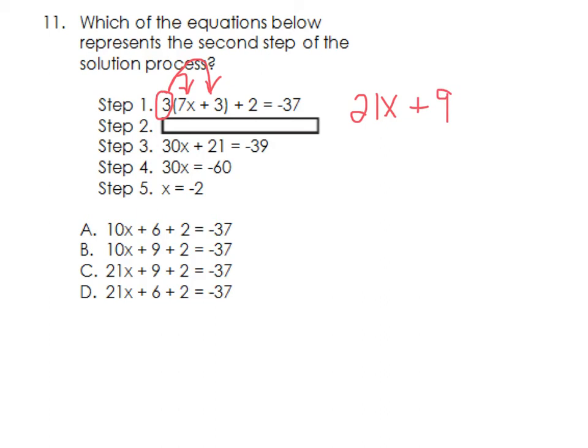And then we still have plus 2 equals negative 37. So then I just look. This is what I've come up with as the next step. And if I look correctly, C agrees with me. So as long as I've done it correctly and I find my answer, everything's fine.